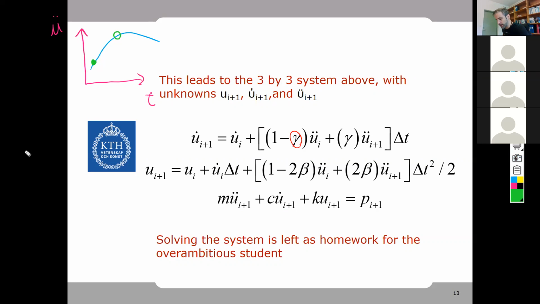If I choose beta equals 1/6, then that is the same as assuming that the acceleration varies linearly along. It's hard to see. Let me choose another color. It's the same as assuming that the acceleration varies linearly here.